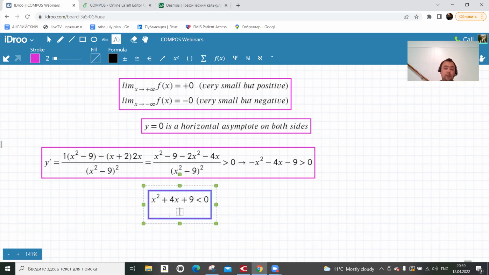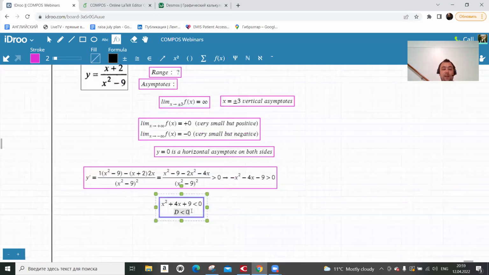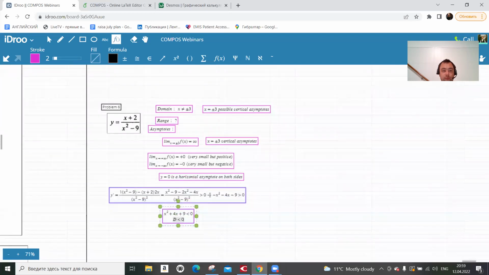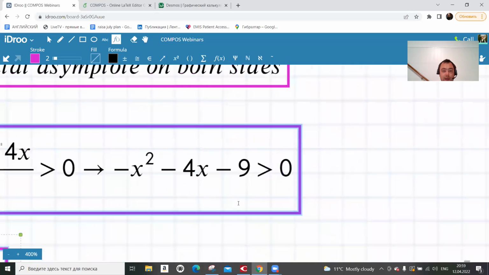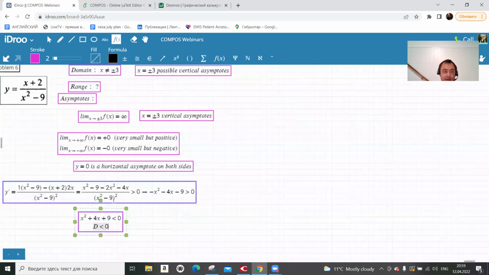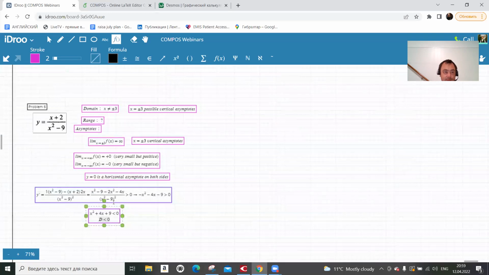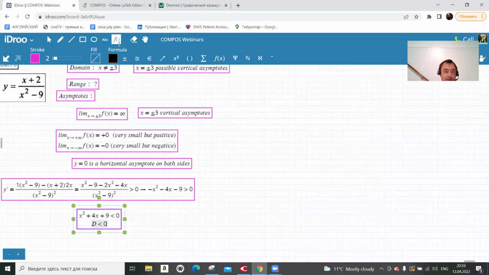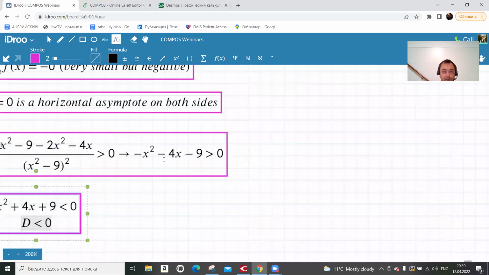Oh, okay, that makes life easier. The discriminant is less than 0. Therefore, there are no solutions. The quadratic equation has no solutions. Therefore, the second derivative, the derivative is always negative.